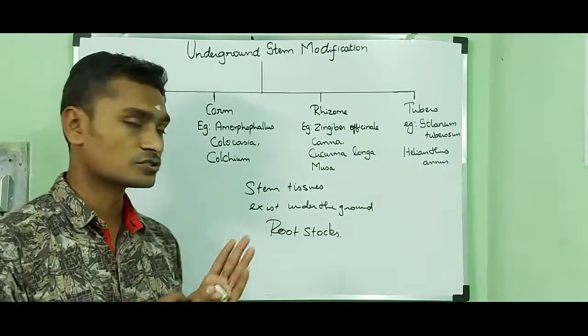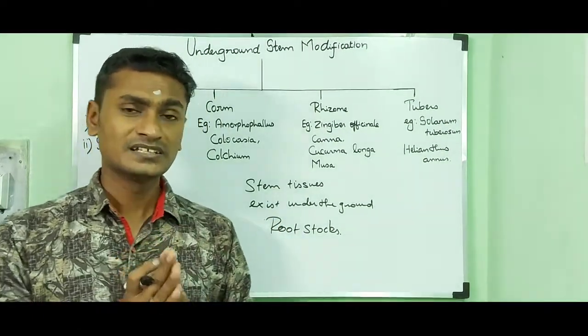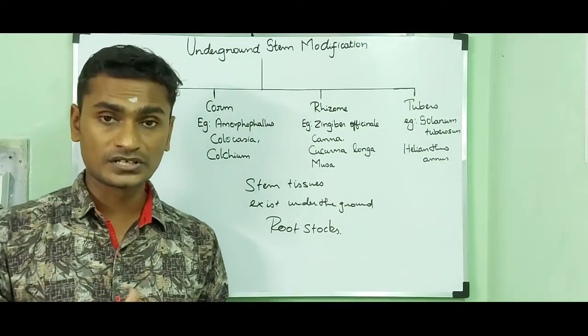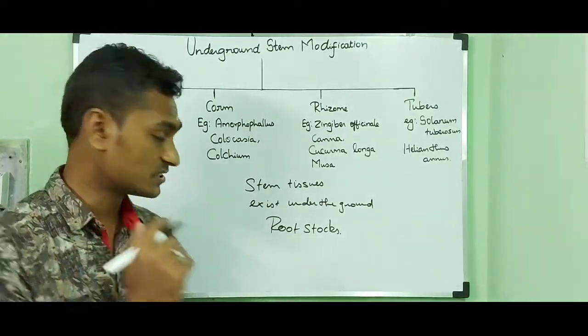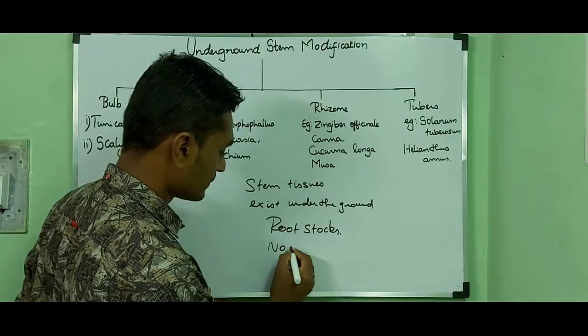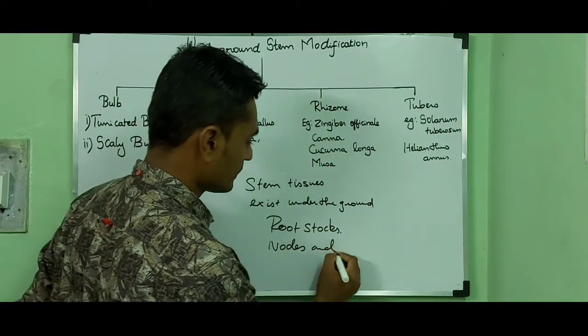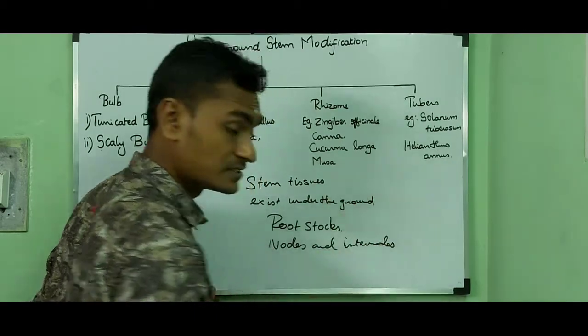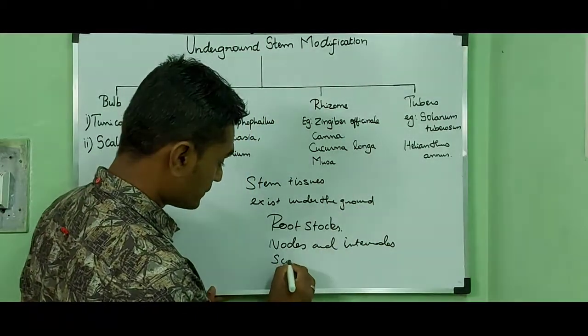So these we call rootstocks. Then these underground stems are not called as root because these underground stems possess nodes and internodes. Then they possess scale leaves.